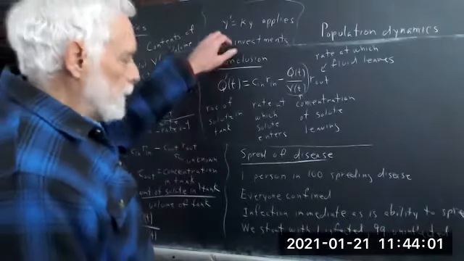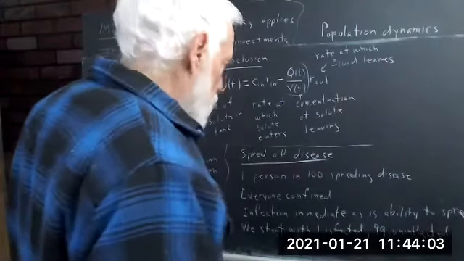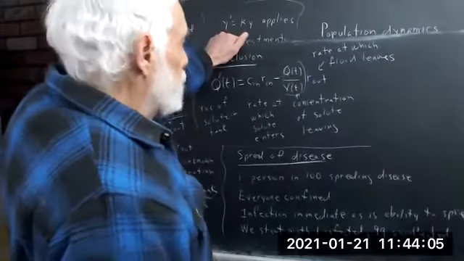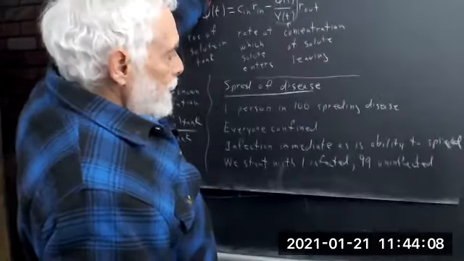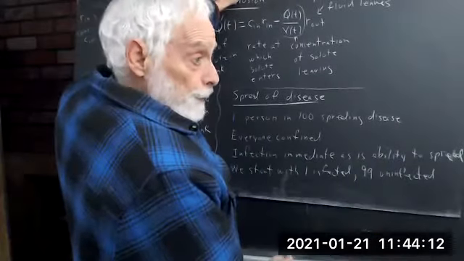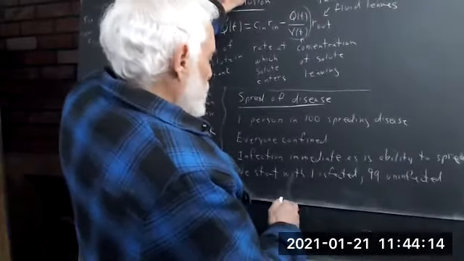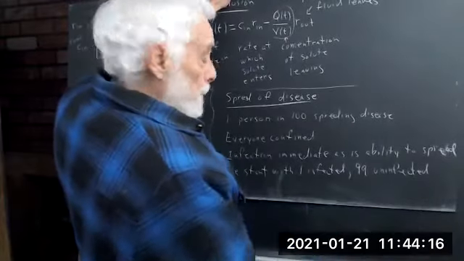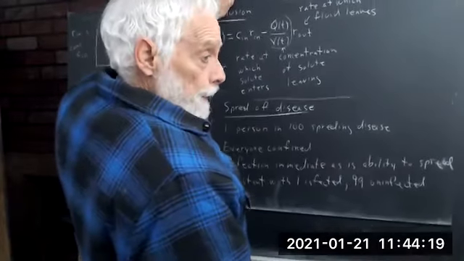And I just realized that I'm writing really low, so nobody can read it, but there it is. Okay, infection is immediate, as is the ability to spread. And we start with one person infected and 99 uninfected.